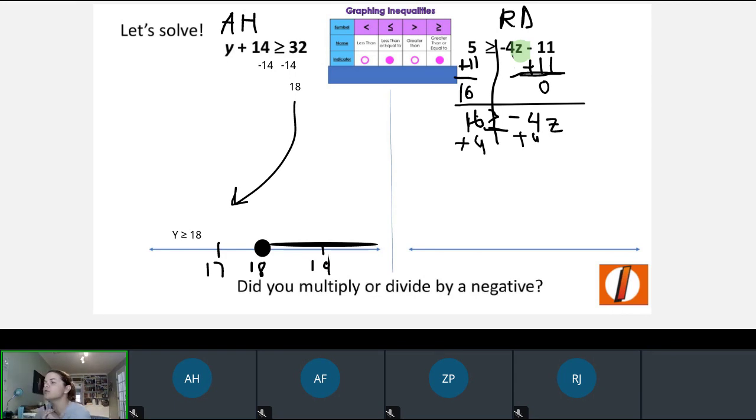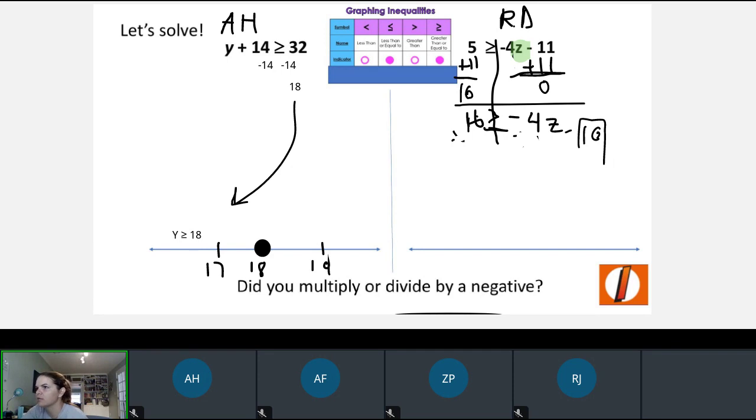So actually, Richard, hold on 1 second. So remember, this is negative 4 times z. So how do we undo multiplication? We should probably divide, right? So this is negative 4 times z. So what we're going to do is divide by negative 4.